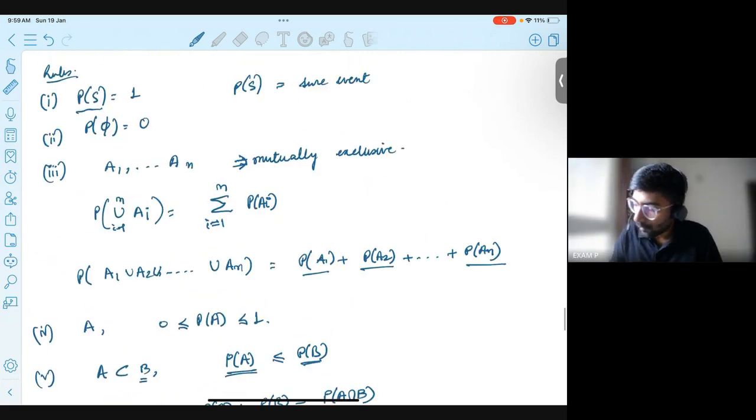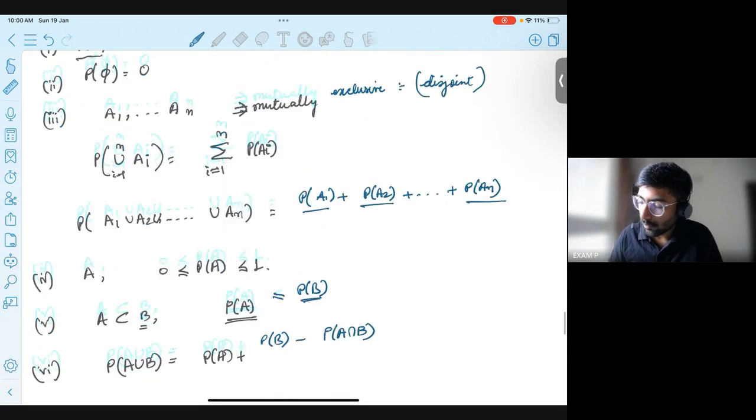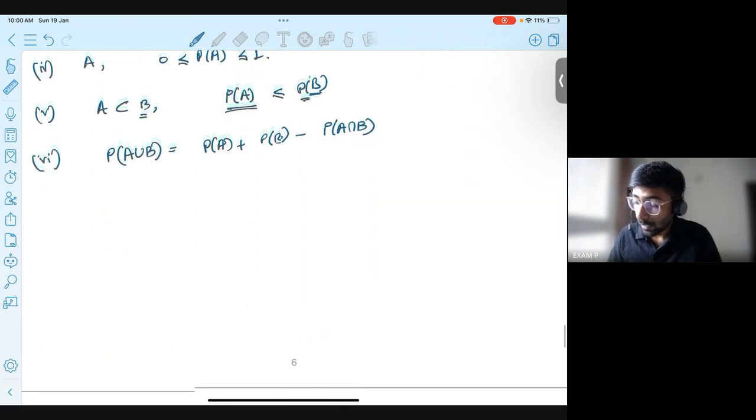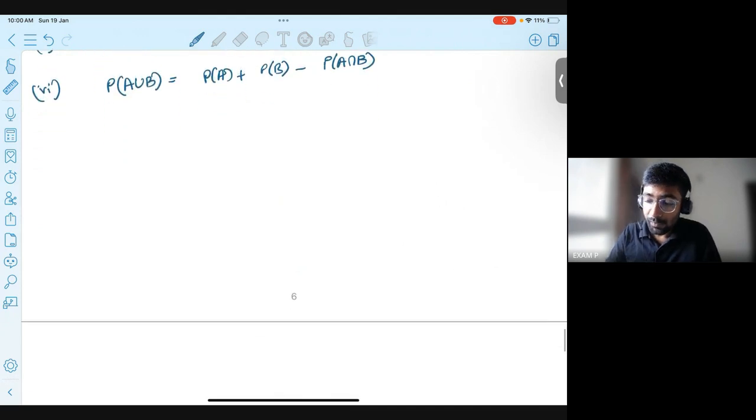One more thing: when you talk about mutually exclusive, it also means disjoint. Disjoint events is another terminology we use for the same thing. So for the union, if they are not disjoint, then you also need to remove this part.